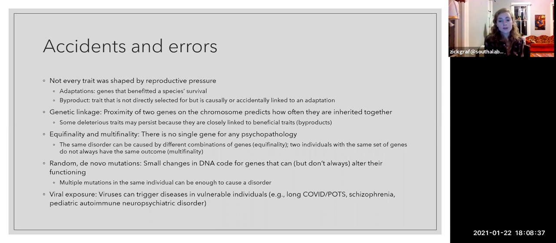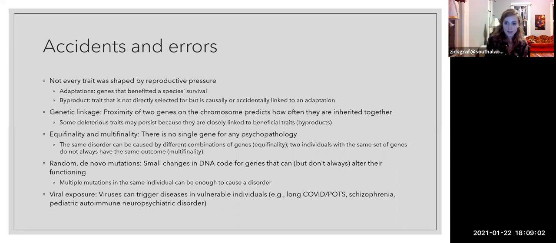So because there's no single gene for psychopathology, there are important environmental influences and random combinations of genes that can affect an individual's risk for psychopathology. In addition to genetic linkage, the equifinality and multifinality of the cause of psychopathology.